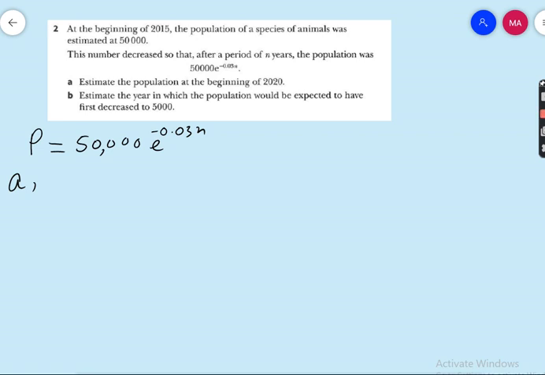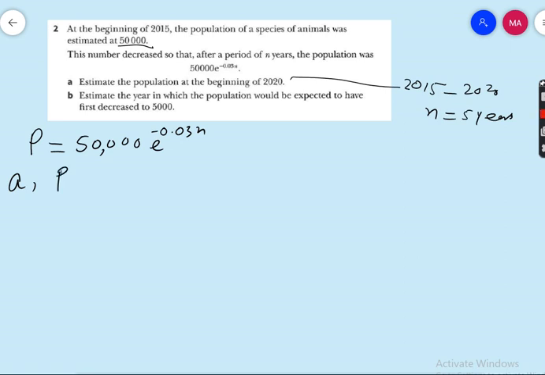This value 50,000 is at 2015, and now they are talking about 2020. So from 2015 to 2020, the value of n should be 5 years.